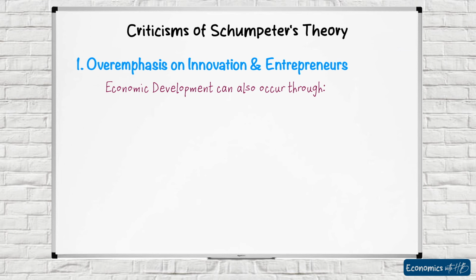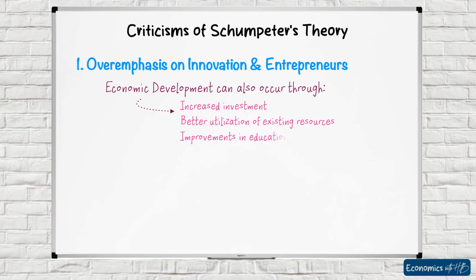Economic development can occur even without major innovations through increased investment, better utilization of existing resources, improvements in education and health to nurture human capital, institutional reforms. There can be many such factors that contribute to development. He exaggerated the importance of innovation. Countries with very talented entrepreneurs may still struggle to develop if they lack infrastructure or stable governing institutions.